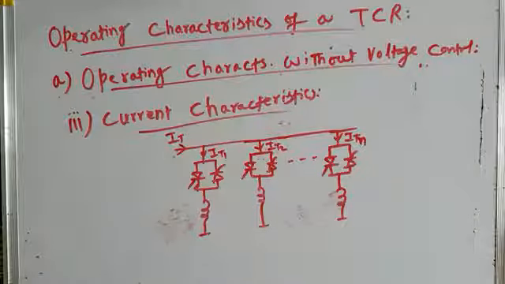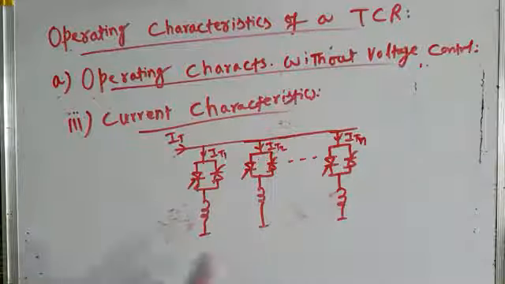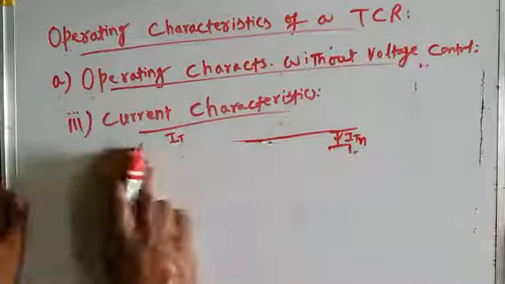With TCR acting alone, we have found that SVC susceptance is exactly equal to TCR susceptance. And then the third characteristic is current characteristics. The purpose of these current characteristics is to find the branch currents in order to know the current ratings of the components. So that is about operating characteristics without voltage control.